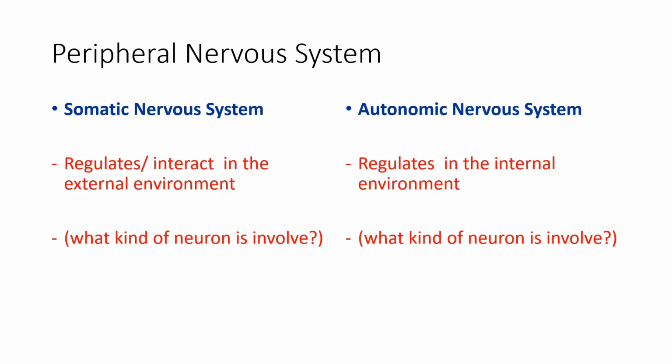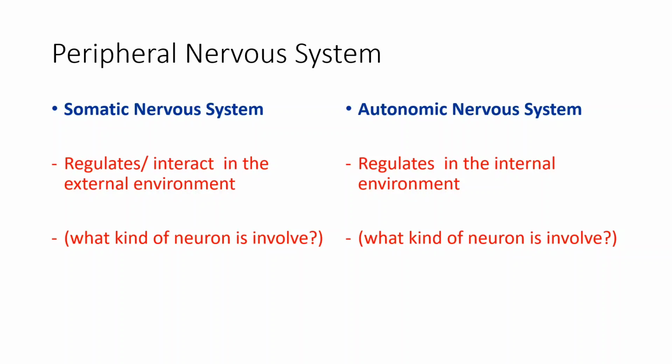So kapag nagre-regulate or interact in the external environment, anong type ng neuron according to function, okay, ang involved? It could be sensory and motor neuron. Kasi sensory ang nagsisense dun sa stimulus, at ang motor neuron naman ang nagre-react dun sa stimulus.